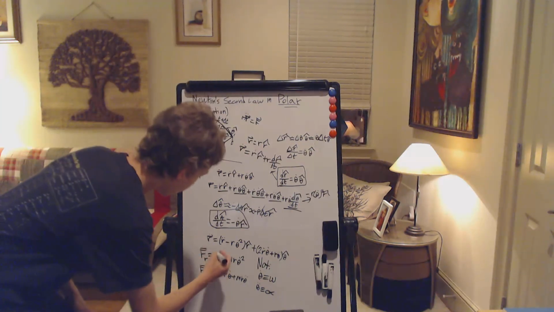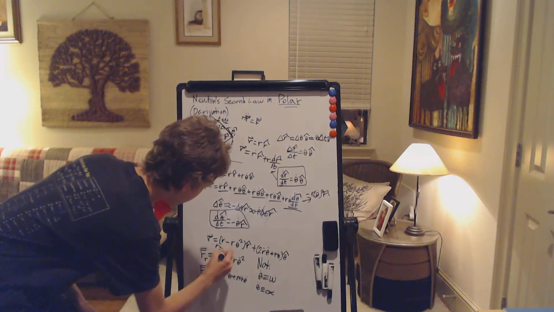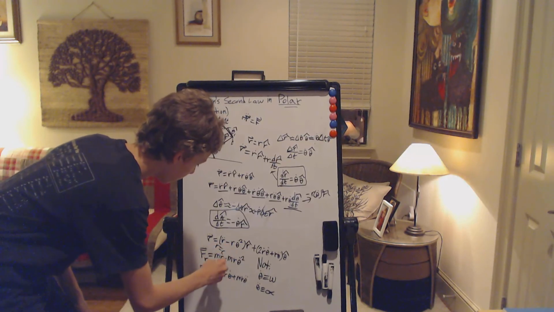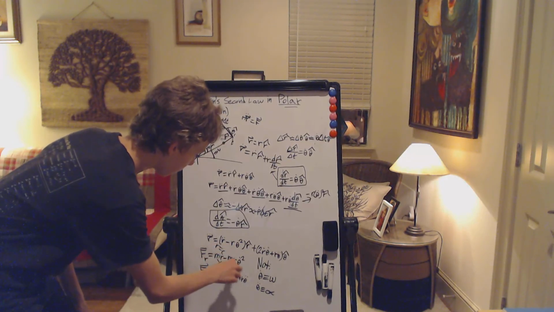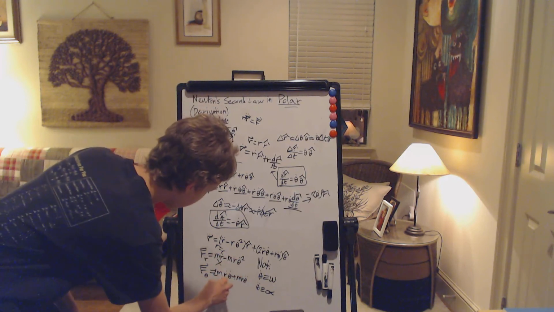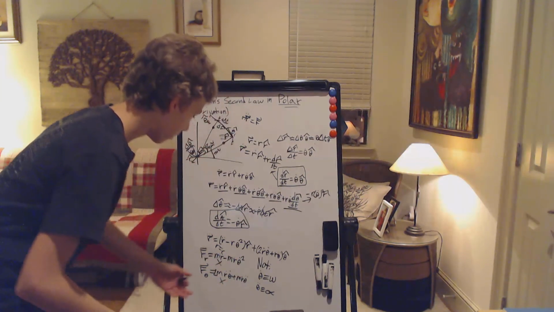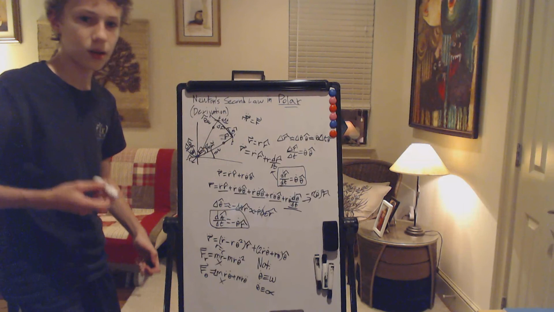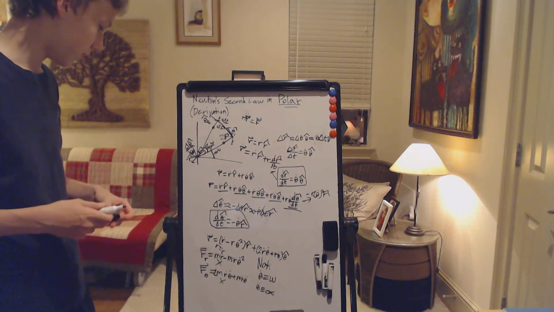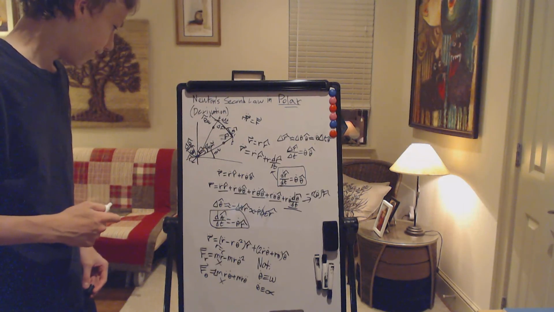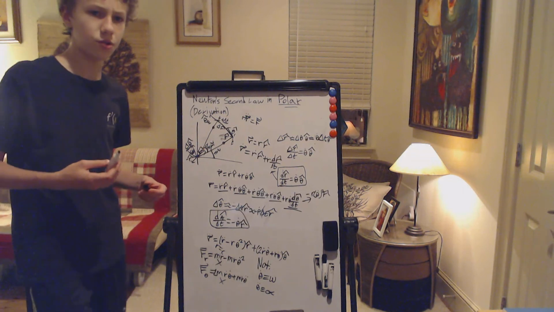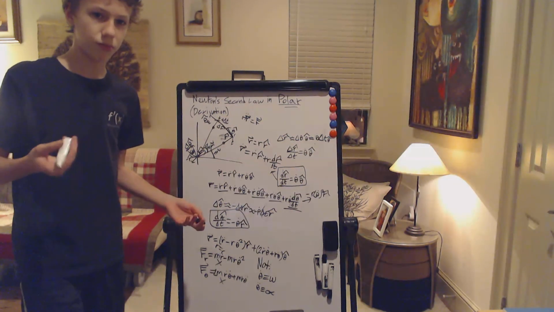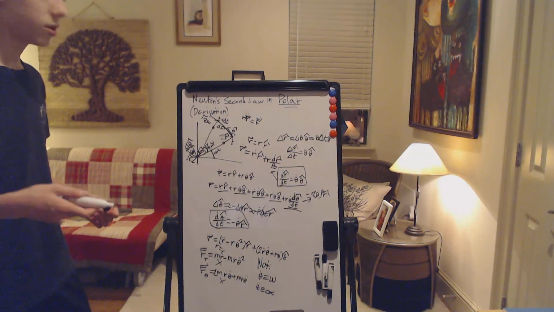So if r is some constant c, this term goes away and we're just left with that term, and here this term goes away. So we're left with some nicer results.